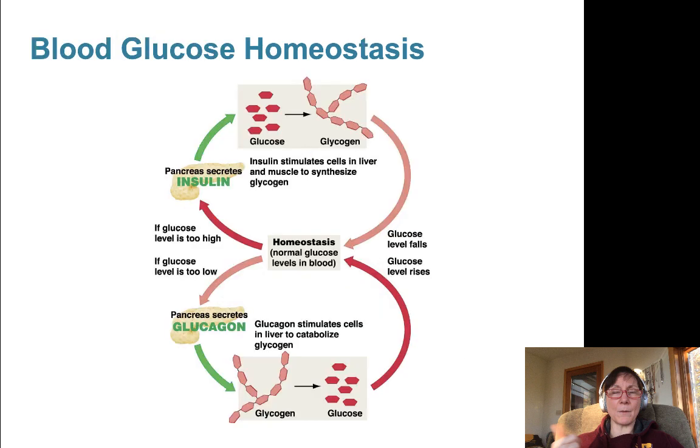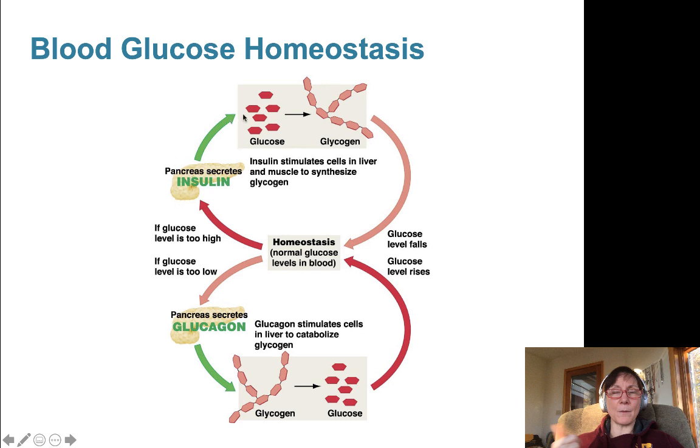I'll briefly go over this one too. Many of you, I'm sure, are very familiar with diabetes and the regulation of sugar levels in your bloodstream. This diagram is showing how your body can respond to blood glucose levels by regulating them, right? So if your glucose level goes too high, a signal will be sent to your pancreas, which will secrete insulin.